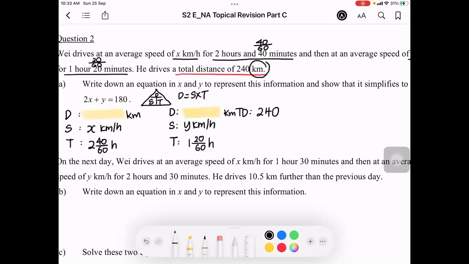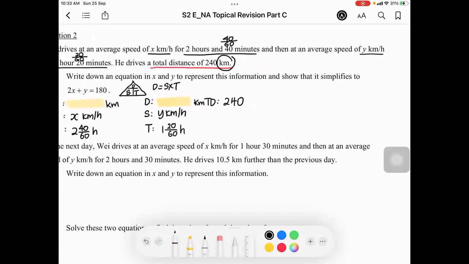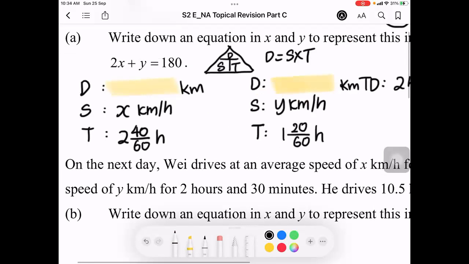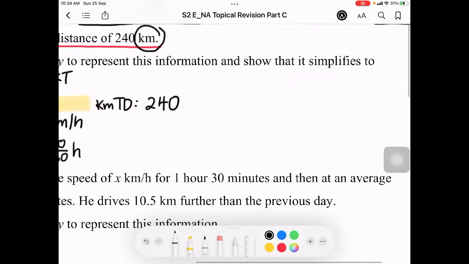So how do I find distance? Distance equals speed times time. I take my first speed, which is x, times the time, 240 over 60.